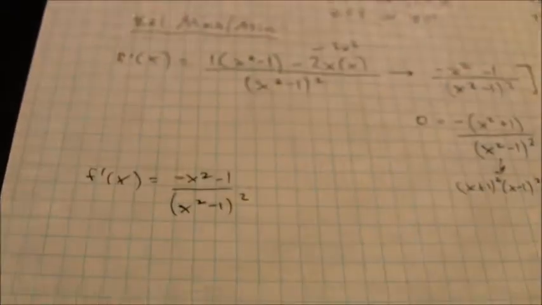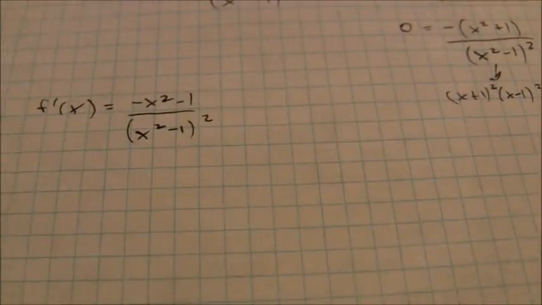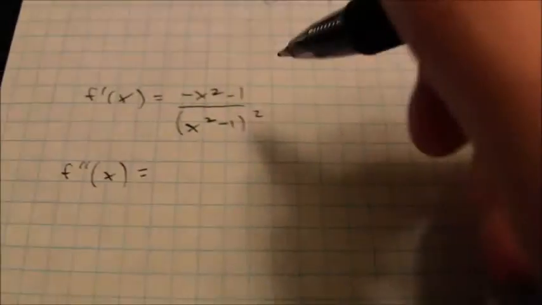So f prime of x is equal to negative x squared minus 1 over quantity x squared minus 1 squared. And now I'm going to take the second derivative of this. This will be fun. Going to need to use the quotient rule again.